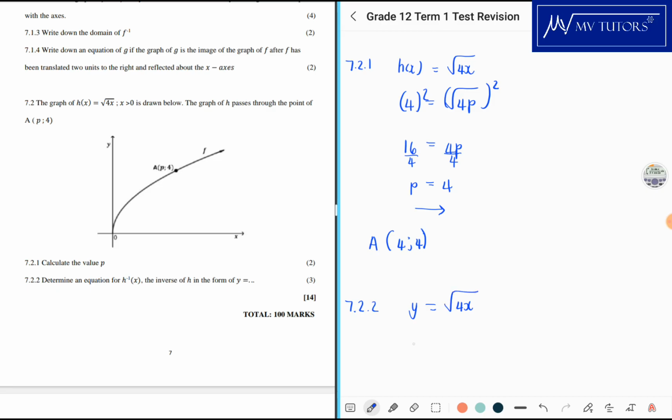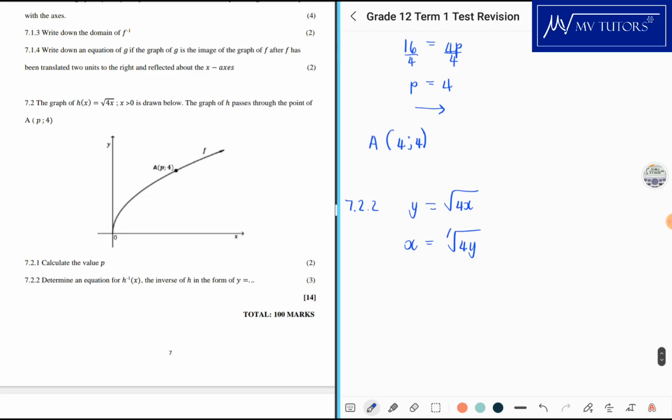Now we're going to swap things around, so x is equal to the root of 4y. In order to get rid of the root, we square both sides, so you have x squared is equal to 4y. Because I want to write y by itself, y is equal to a quarter x squared.